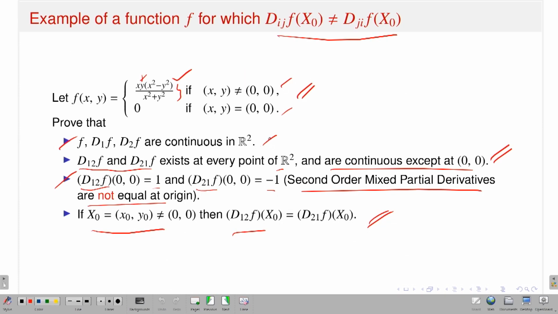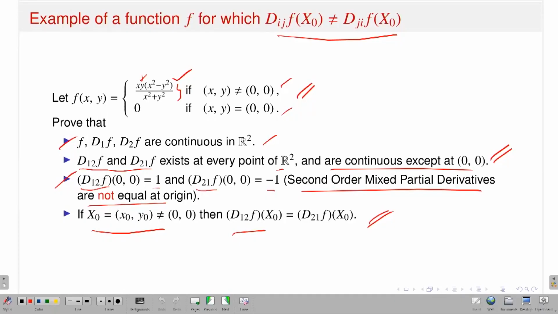Like you have to check the continuity. Now you have in your hand what is your f, what is the partial derivative of f with respect to x, and with respect to the y variable, as functions from R^2 to R. So now you can check the continuity. Since the functions break only at the point (0,0), you just have to check the continuity at the breaking point.